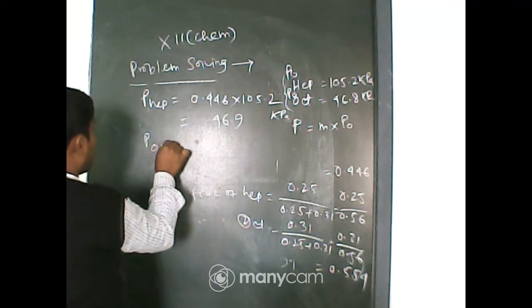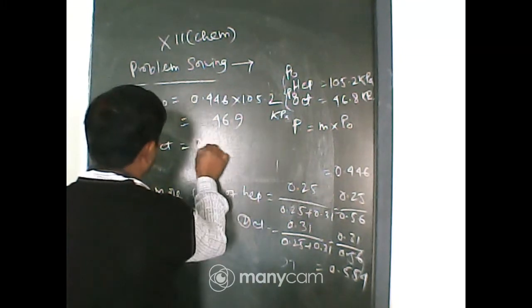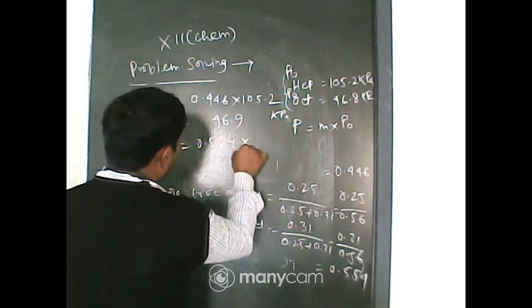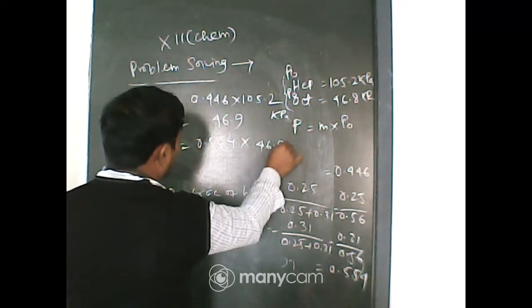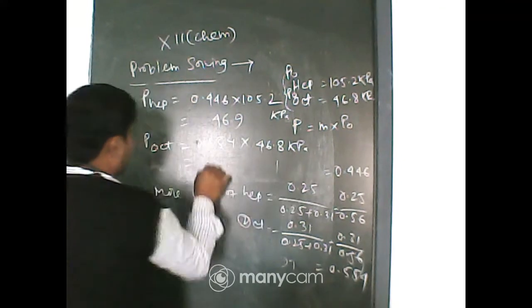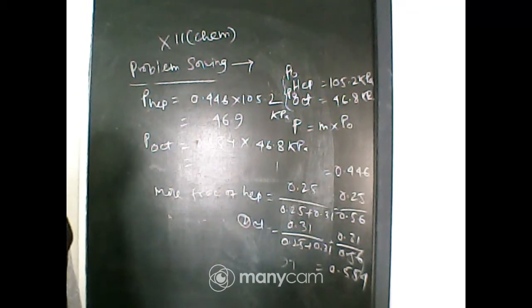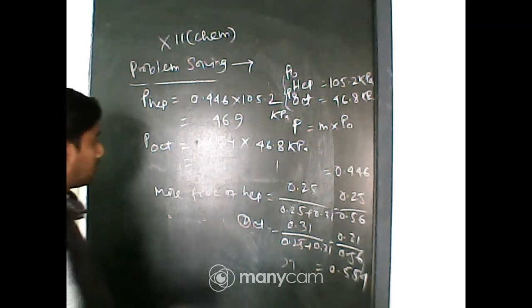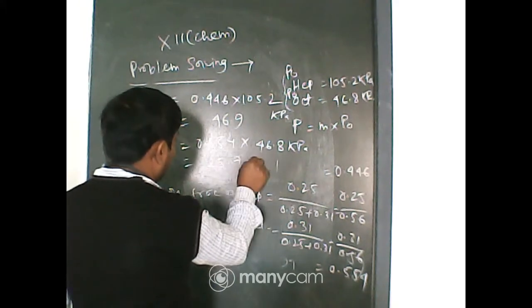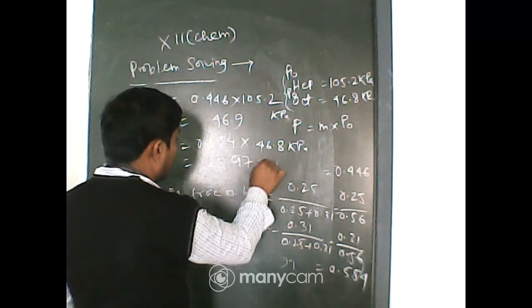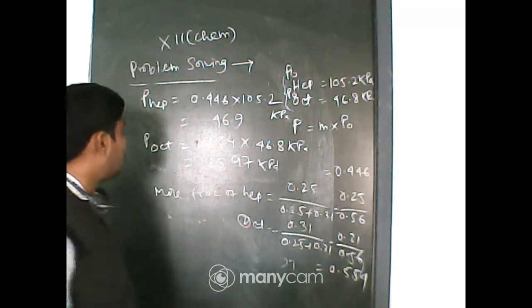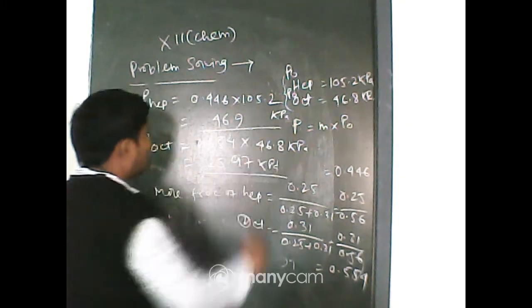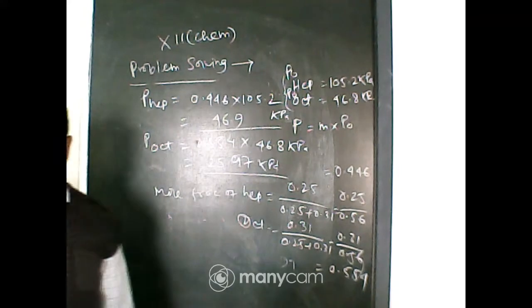And P of octane is equal to 0.554 into 46.8, that is about 25.97 kilopascal. So this is the required answer, 46.9 and 25.97.